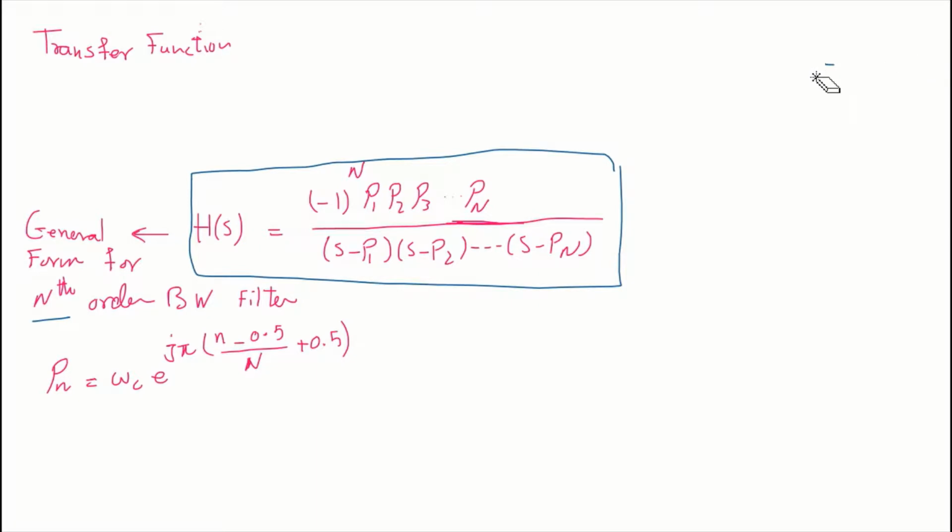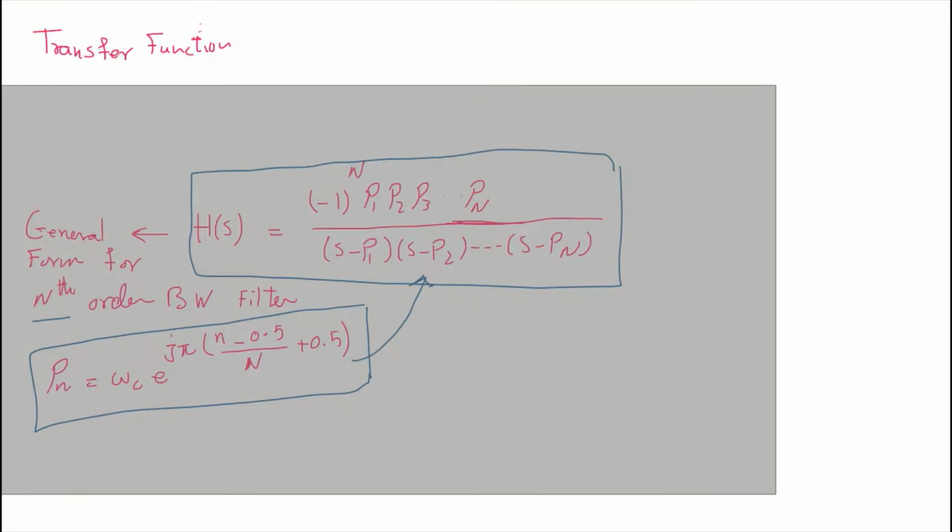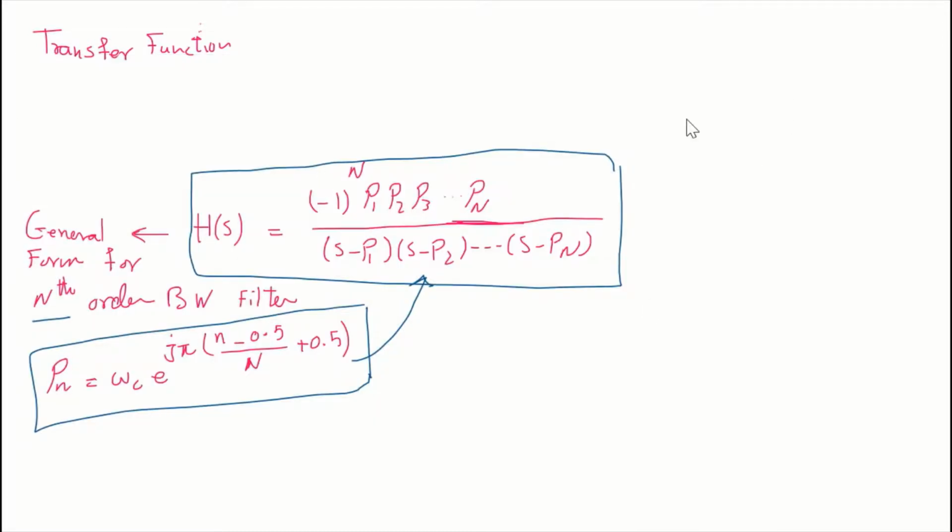All right, so if I calculate the poles and then replace the values in this general form, I can get another general form for second order Butterworth filters.